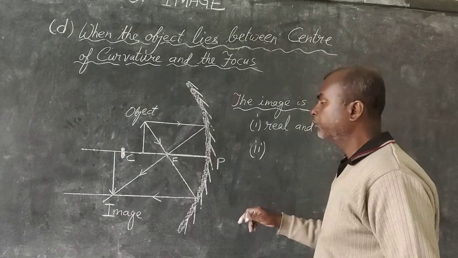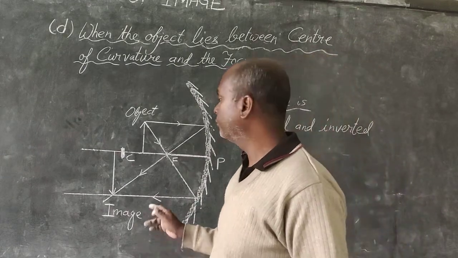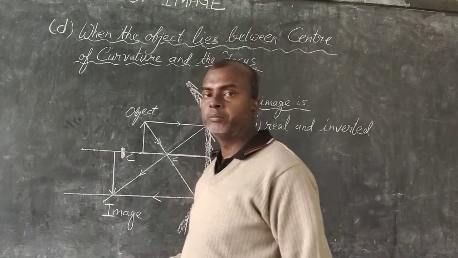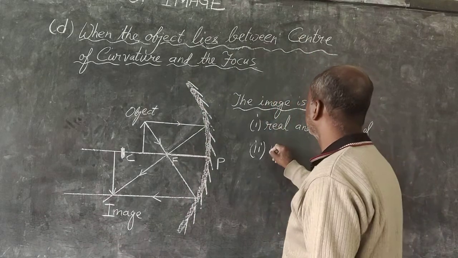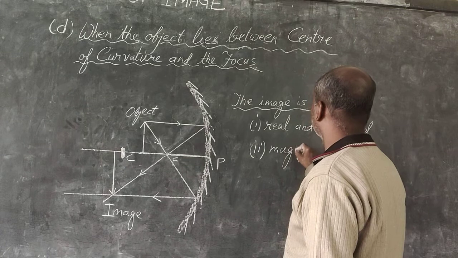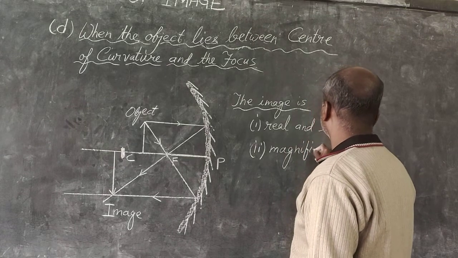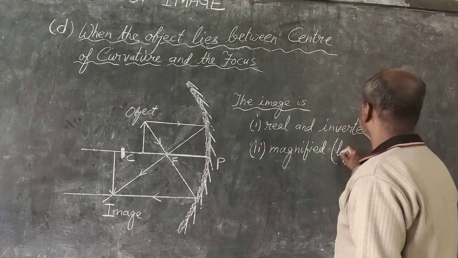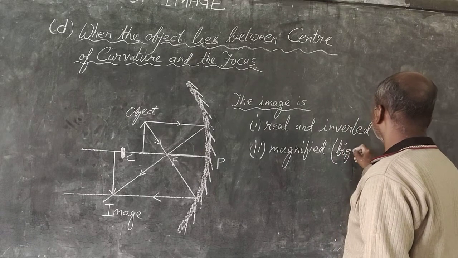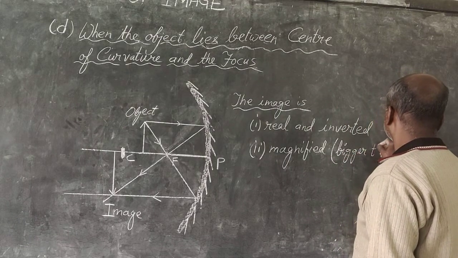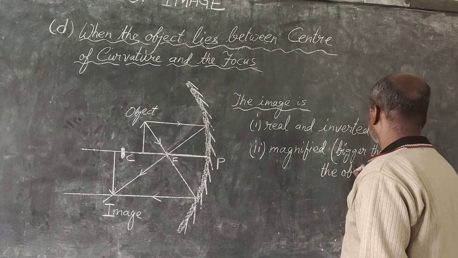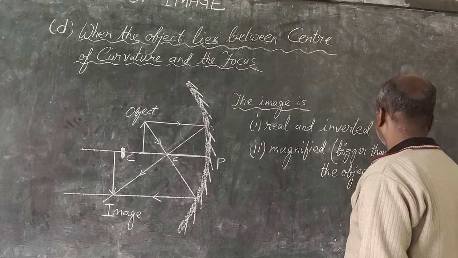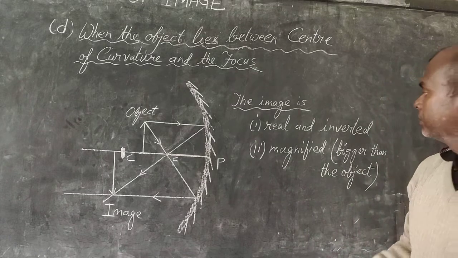The size is now, we will not write diminished or equal, now it is bigger than the object, or the word is magnified. Magnified means bigger, in this case it means bigger than the object. Magnified means bigger than the object.